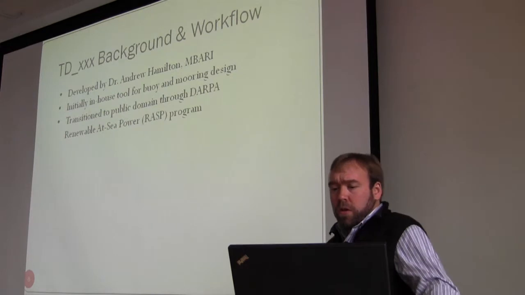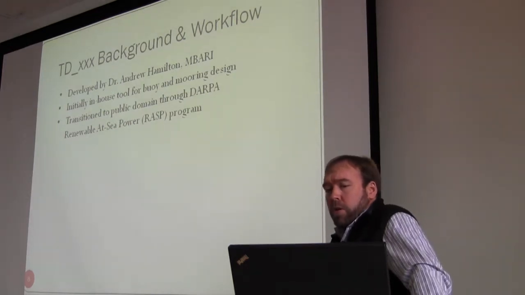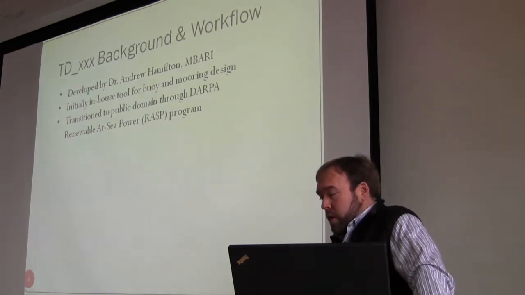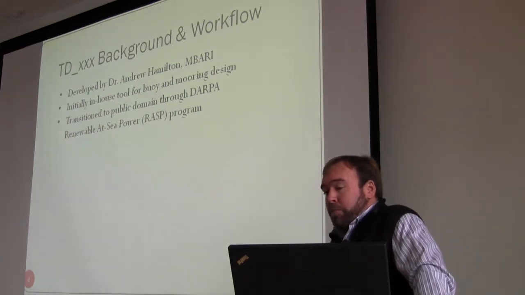And then there was a DARPA project called the Renewable at Sea Power Project, and this was kind of a neat little project. The goal was to distribute sensor nodes in the ocean environment for environmental monitoring, or ISR, intelligence, surveillance, reconnaissance missions.